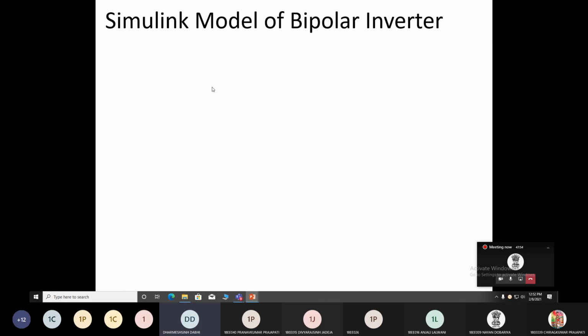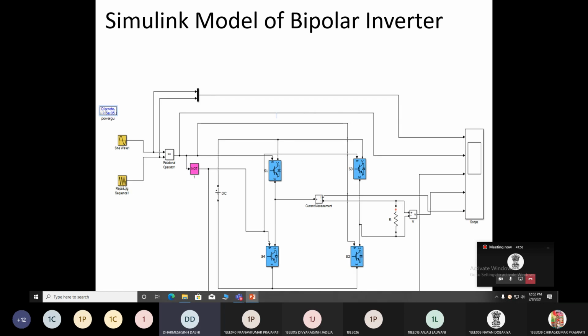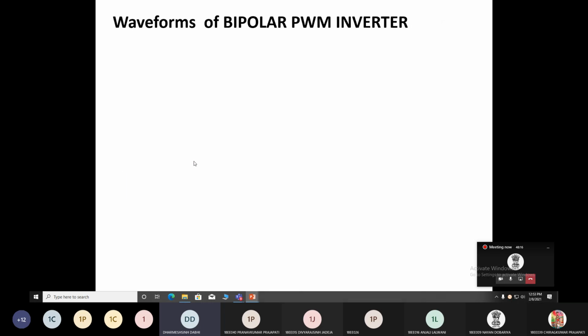Clear? Because the carrier wave, this triangular wave, has a frequency of 1000 Hz. As you change the frequency of this triangular wave, the dominant harmonic frequencies also change. Here the dominant harmonic is 20 because the carrier frequency is 1000 and the reference signal frequency is 50. 1000 divided by 50 is the frequency modulation ratio, so you get 20.